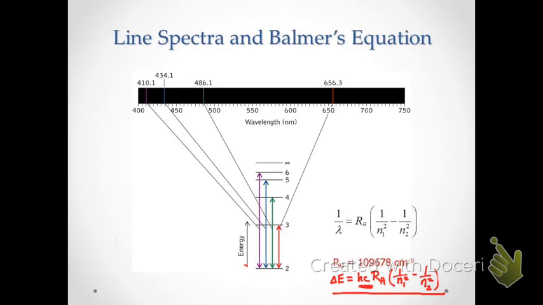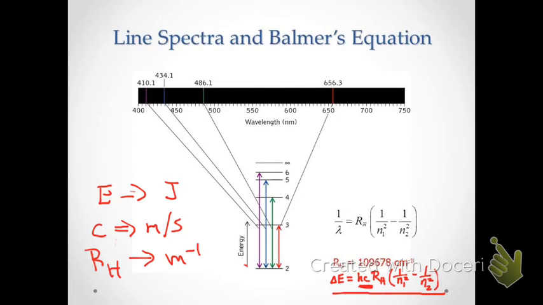If you want energy to be in joules, then c has got to be in meters per second, and you're going to have to convert the Rydberg constant to inverse meters in order to do the calculation. As we'll talk about using MathCAD to do these calculations, MathCAD can actually handle these units correctly.